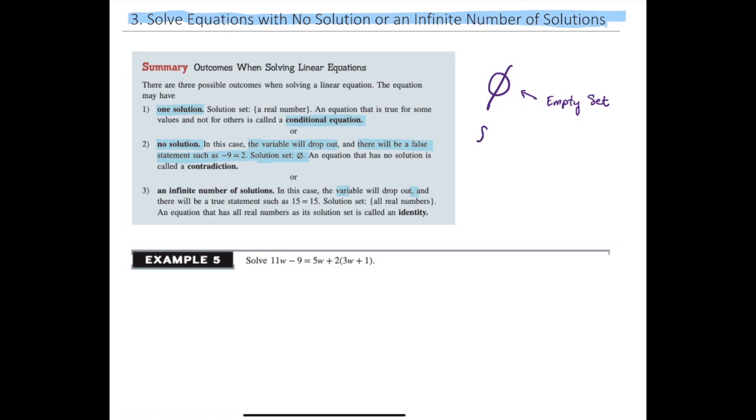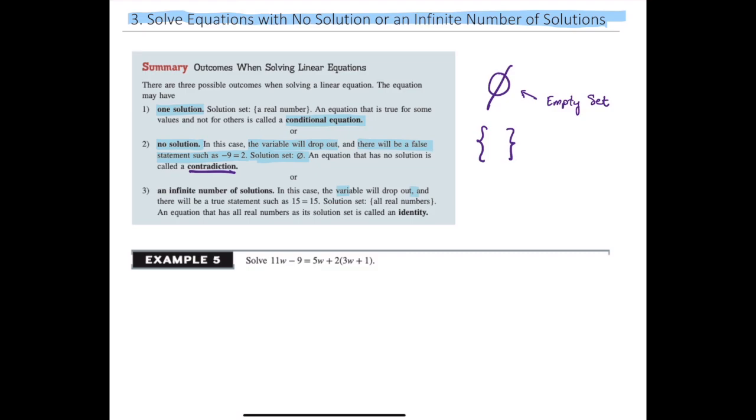Another way you could express this is just some brackets with nothing inside. It's the void, nothingness. It says an equation that has no solution is called a contradiction, meaning it's a false statement. It doesn't work out. It's not true. So that's our second case.